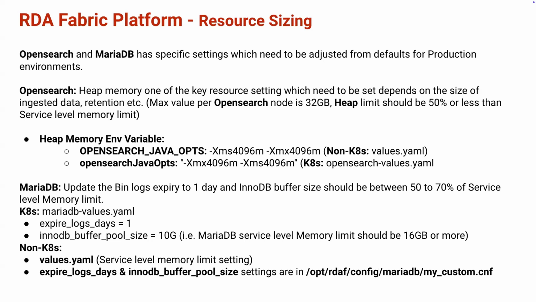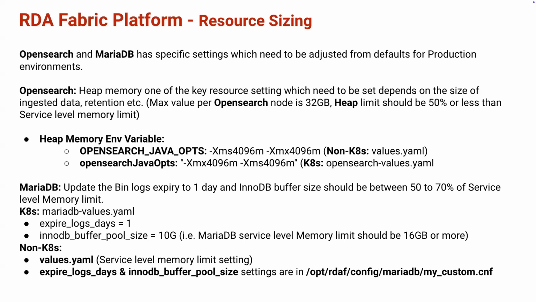All of these settings, both in MariaDB and OpenSearch, the buffer pool setting or the heap setting, are relative to the service-level memory limits. So these can be updated in values.yaml.